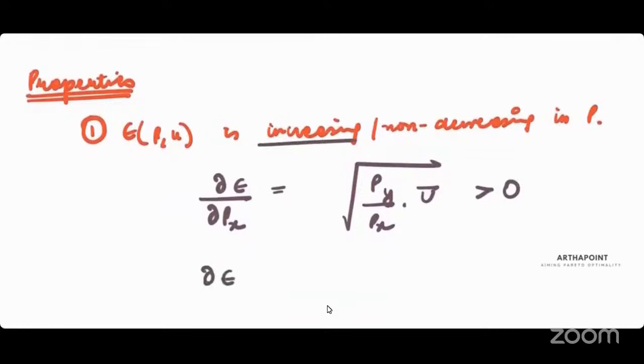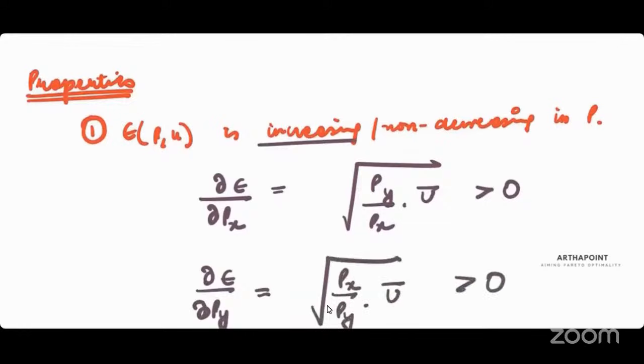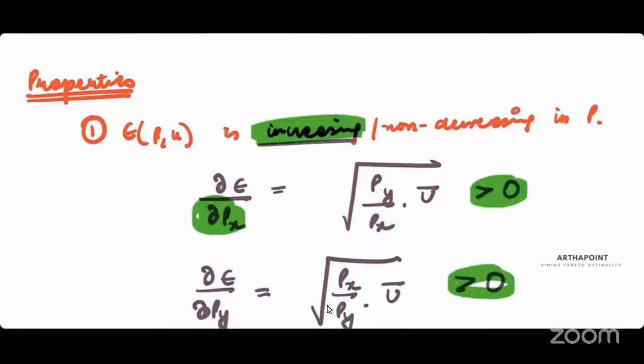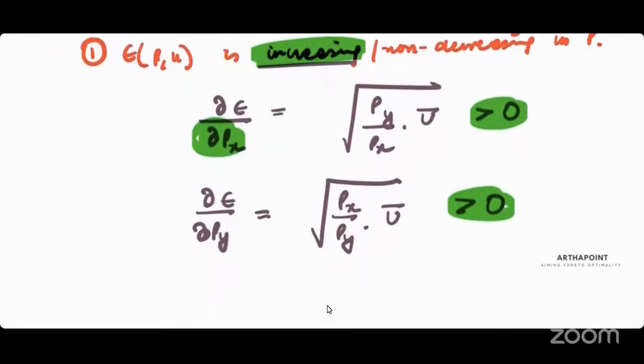You can show that del E by del Py is equal to root of Px by Py U bar, again greater than 0. So the expenditure function is increasing in prices, which means that when you differentiate the function, you get it greater than 0.